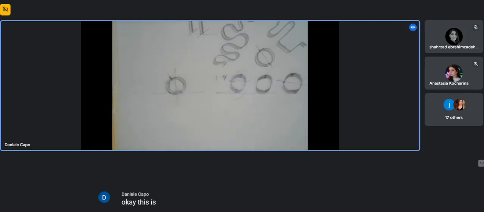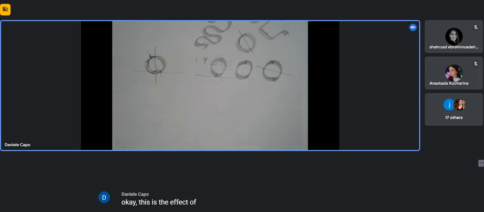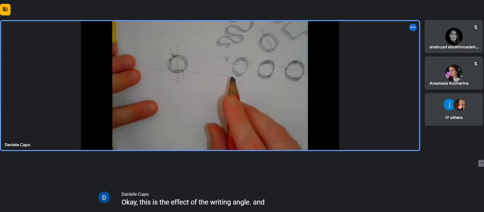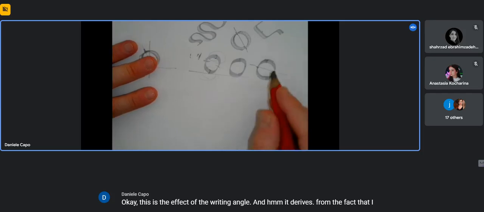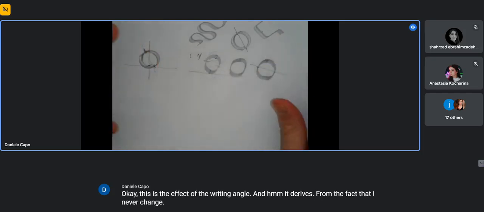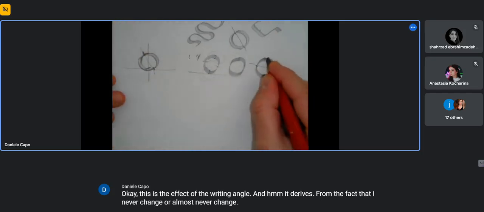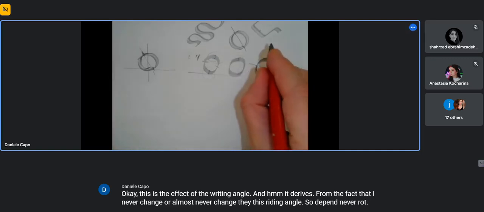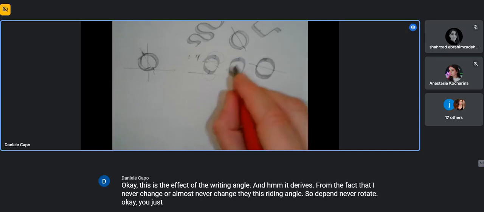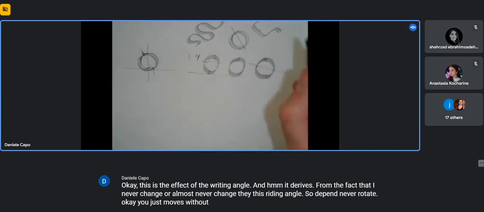Okay, this is the effect of the writing angle, and it derives from the fact that I never, or almost never, change this writing angle, so the pen never rotates. It just moves without rotation.